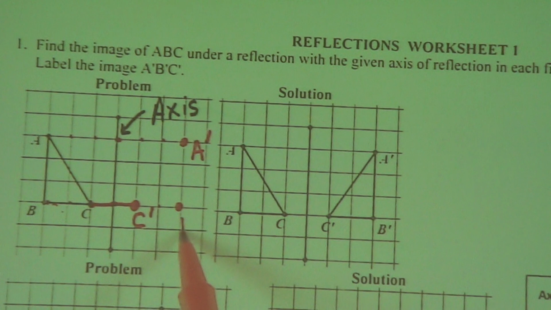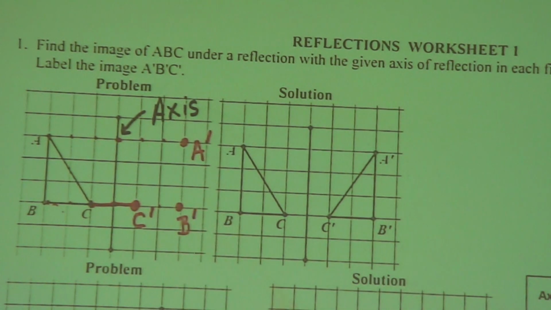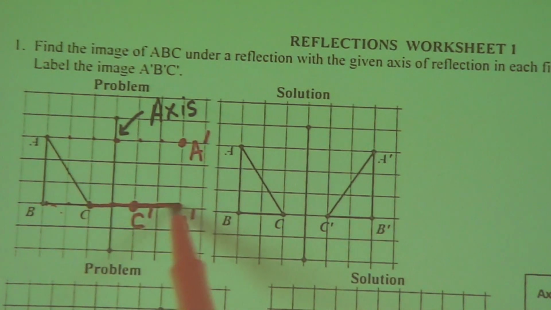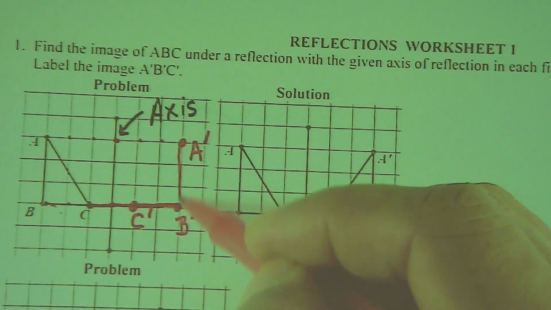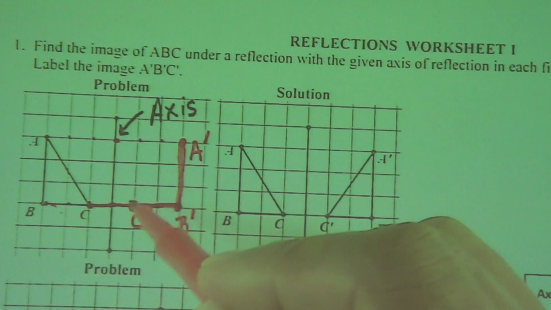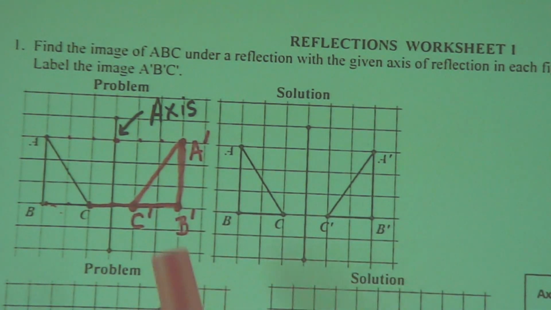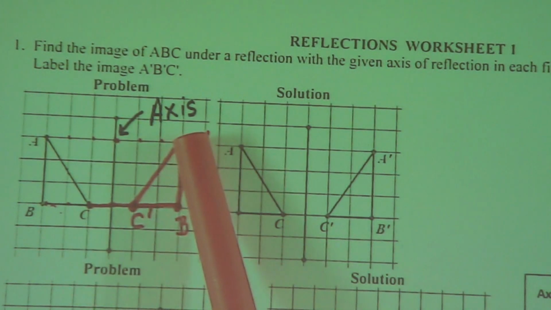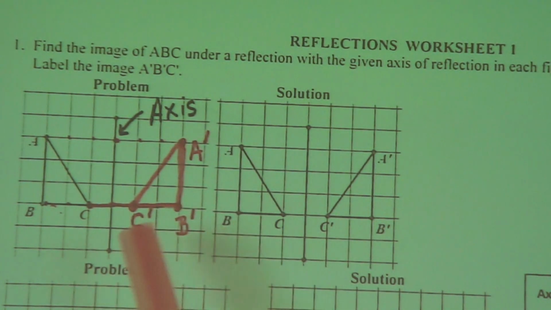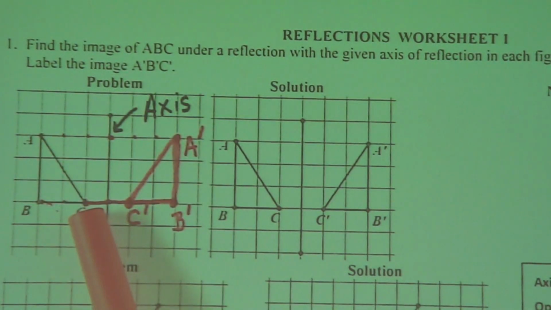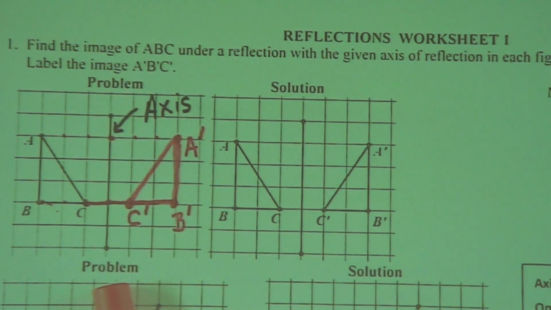So that's B prime. Then you get your straight edge, join these, and we say this A prime, B prime, C prime is the image of triangle ABC under a reflection.